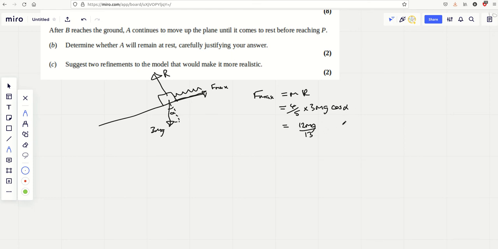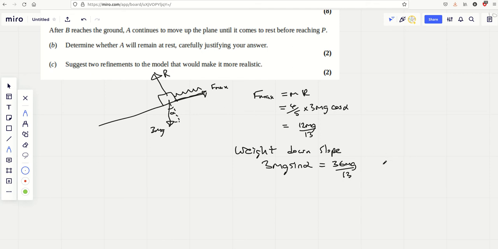So that's the maximum available friction, whereas the weight down the slope, well, that is going to be 3 mg sine alpha. And 3 mg sine alpha, well, sine alpha was 12/13, so that's going to be 36 mg over 13.